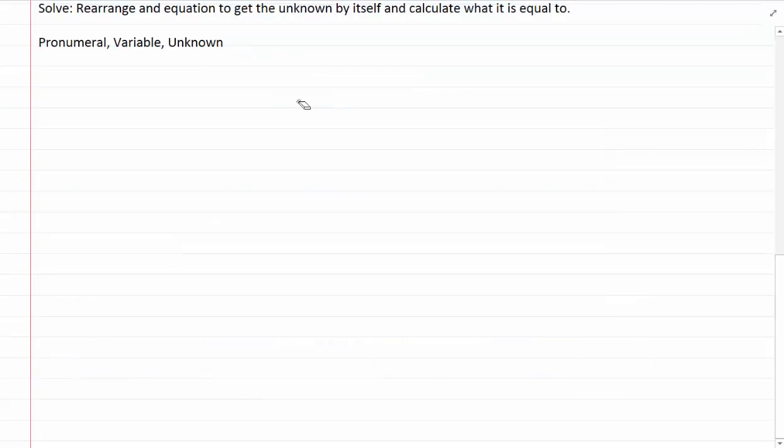Now let's consider some of the norms associated with solving equations. So let's go back to the equation we've just been talking about, which was 3x plus 2 is equal to 8. Now in this equation we have three terms. 3 is the coefficient of x. There is only one unknown, that's x, and our goal here is to solve the equation to calculate the value of x.